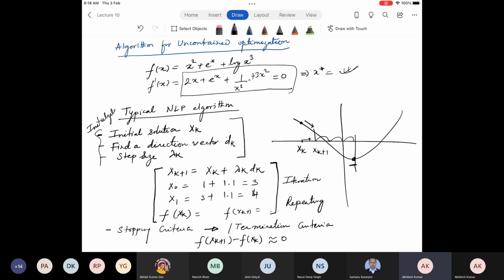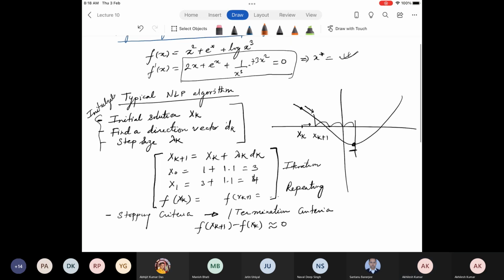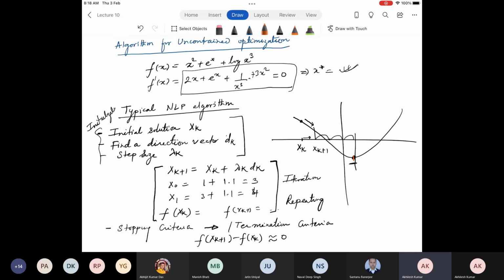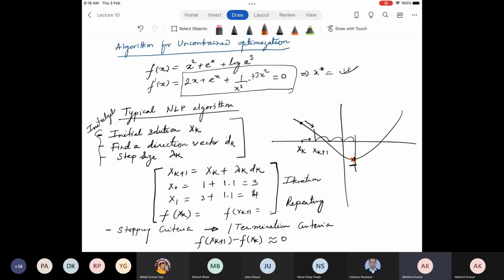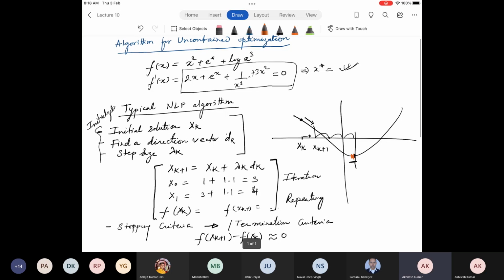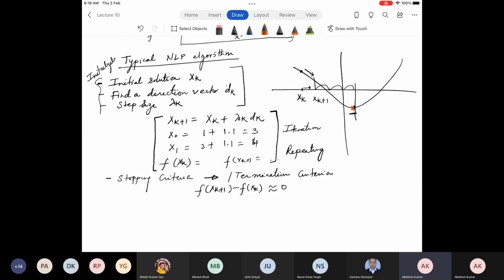Suppose I take a point here and I take a point here. There will be hardly any difference. So if you write it in terms of an algorithm, the termination criterion is: while the difference of two successive evaluations is greater than 0.0001, do the loop.